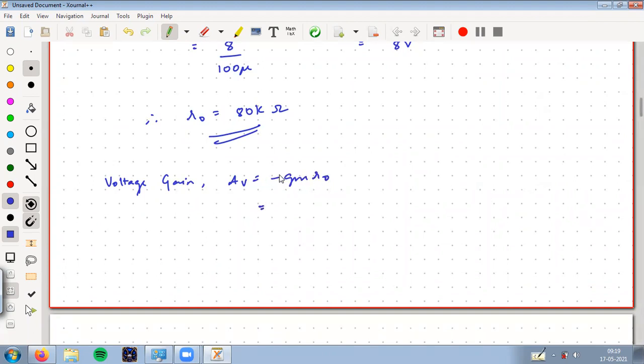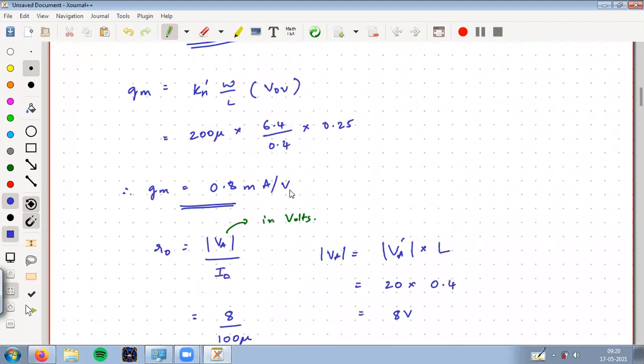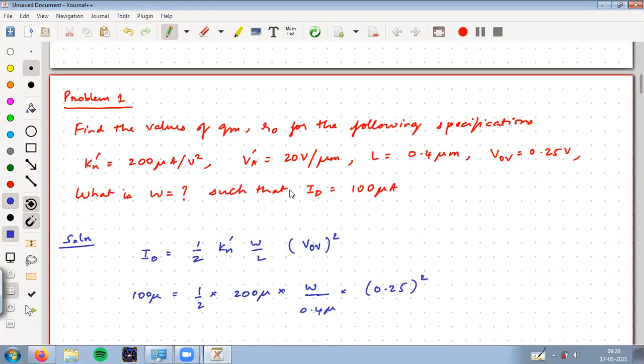That should give you 64 volts per volt. That's it. This is your problem. I hope this is clear.